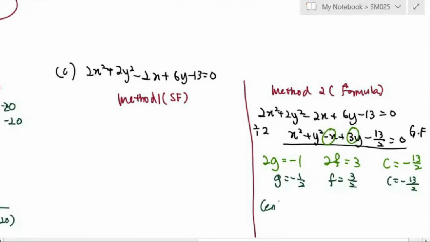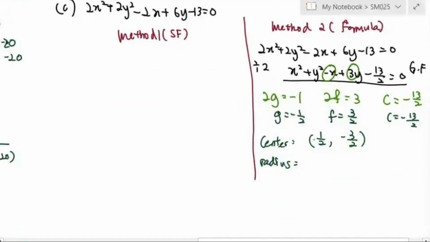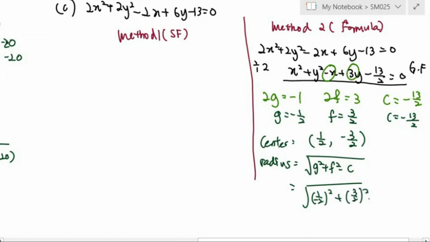The center formula is (negative G, negative F), and the radius will be the square root of G squared plus F squared minus C. So G is negative 1 over 2 squared, F is 3 over 2 squared, minus negative 13 over 2. So you're getting our radius, the square root of 10.